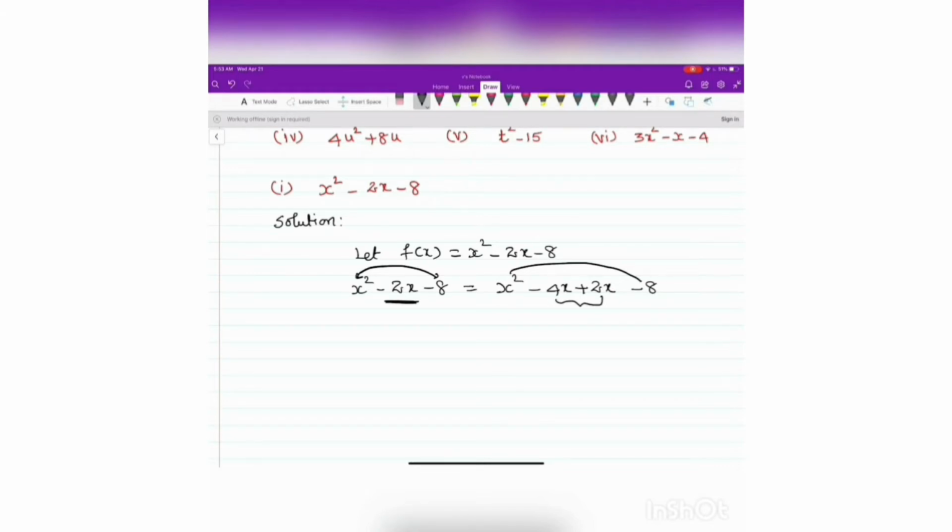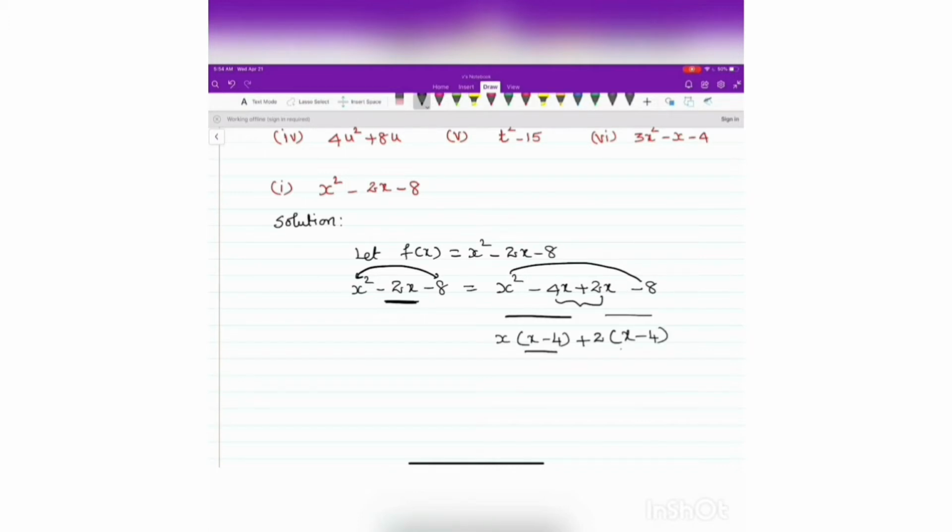Now, when I combine x square minus 4x, I will be getting x can be taken out, x minus 4, and when I combine 2x minus 8, I can take out 2 as common factor, then x minus 4.